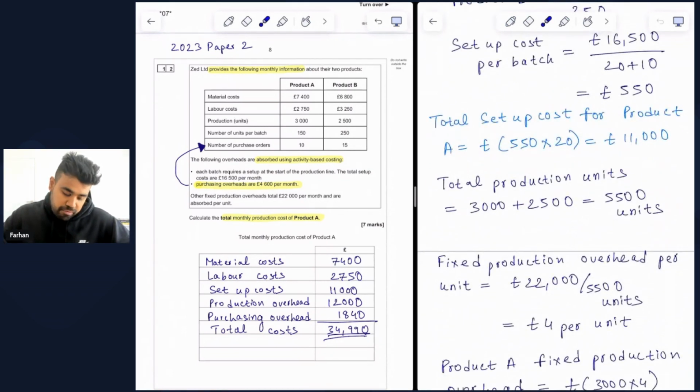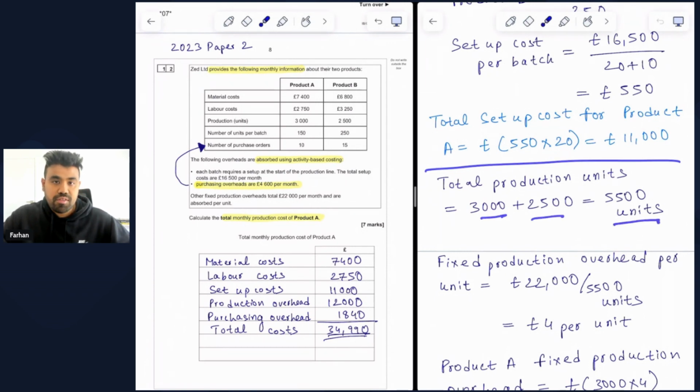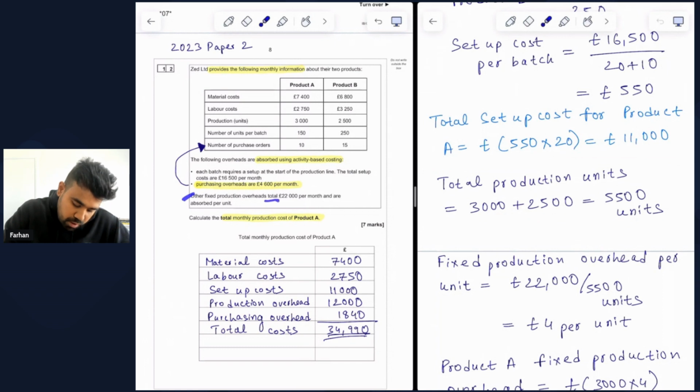Second, we want to find the purchasing overheads and fixed production overheads based on product A and product B requirements. What are the total production units? 3,000 for product A and 2,500 for product B, which gives us 5,500 units as a whole. Now, the question says that fixed production overheads are £22,000 per month in total, and these are absorbed on a per unit basis.